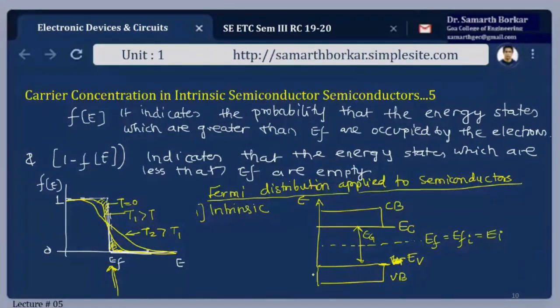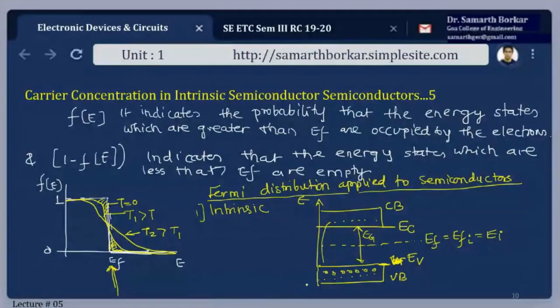Now this is filled with electrons. Okay. Now, if I supply it with some temperature, these electrons will travel to the conduction band, leaving behind holes. Okay.